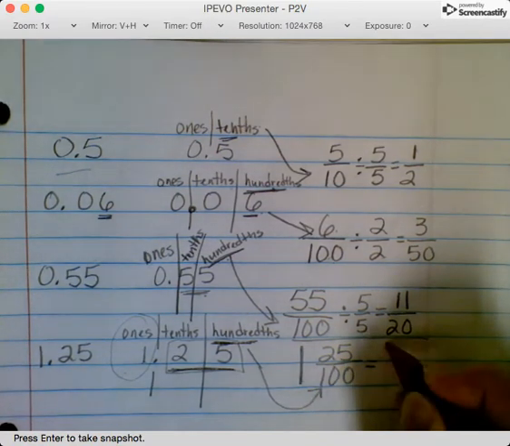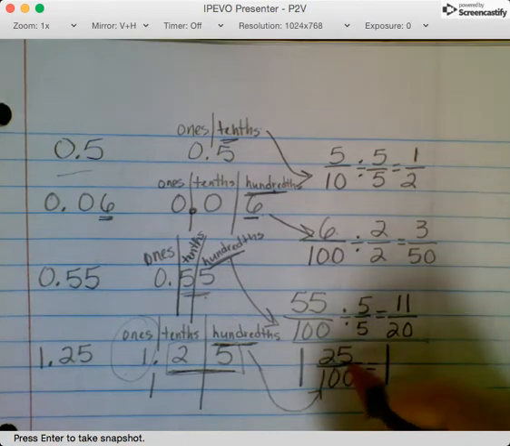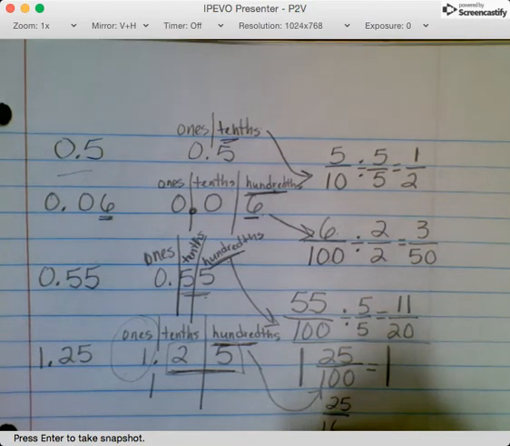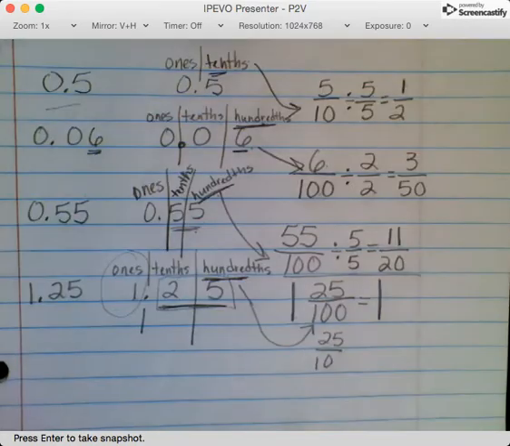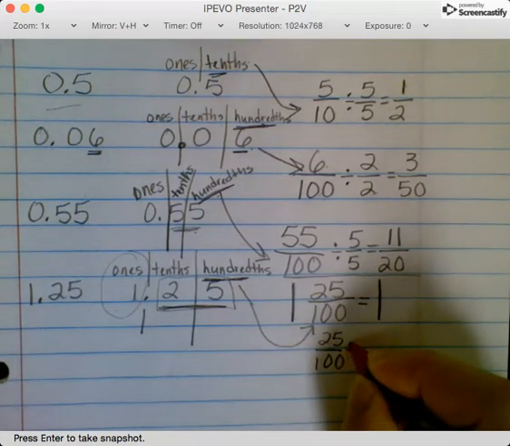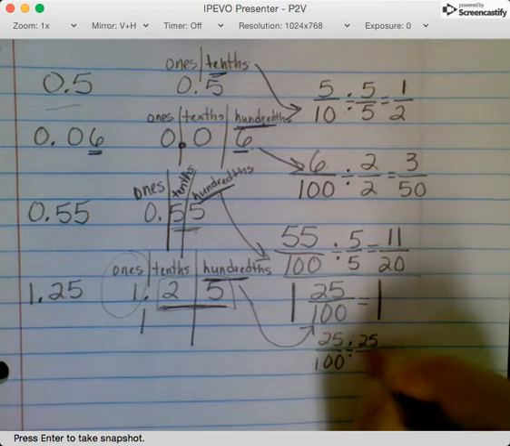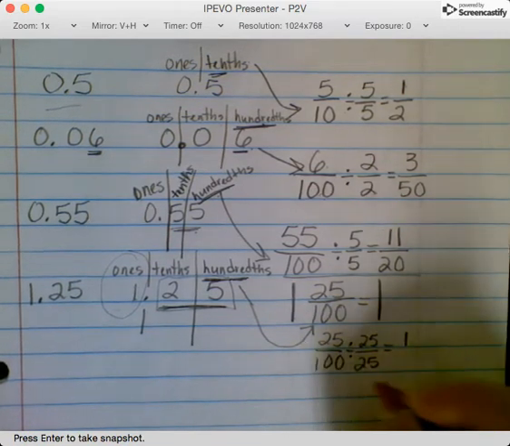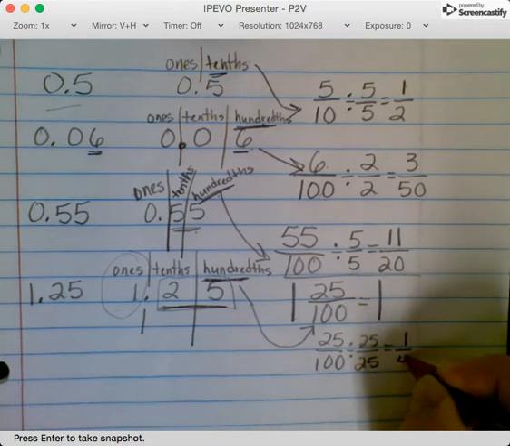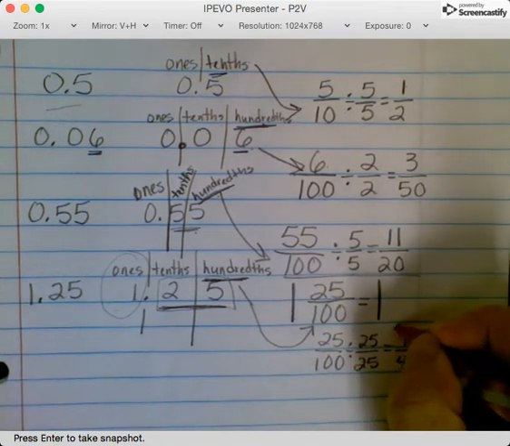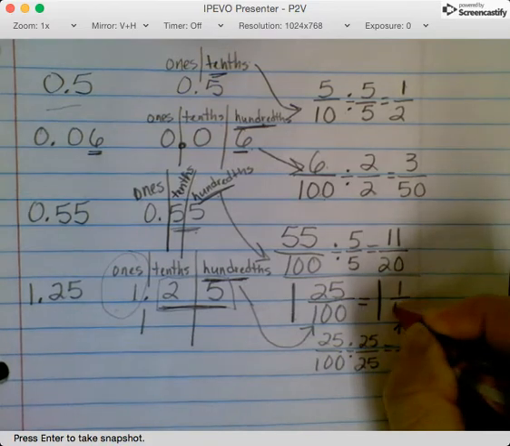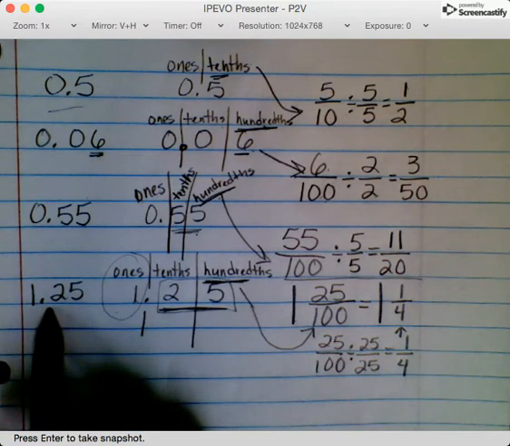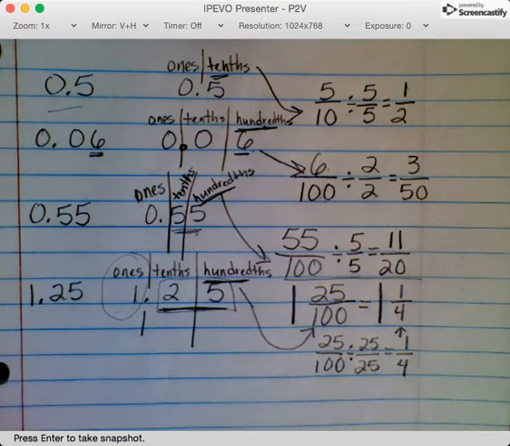My 1 is going to stay the same, but 25 and 100 can both be divided by 25. So 25 divided by 25 is 1, and 100 divided by 25 is 4. So my fraction is 1/4. So 1 and 25/100 is 1 and 1/4, which is equal to 1.25.